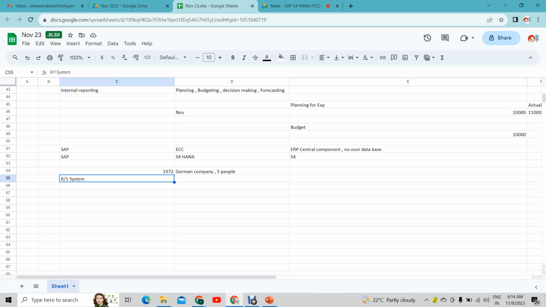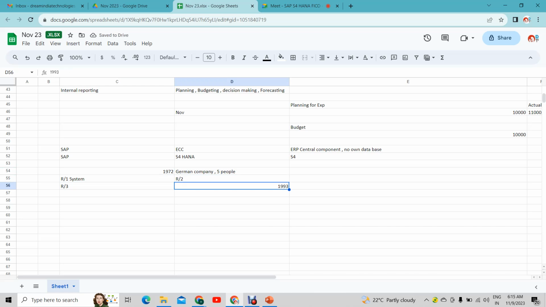Likewise, they struggled a lot. Initially they released R1, then R2. Finally, they introduced the R3 version in 1993. They started in 1972, but R1 and then R3, and in between they had R2 also.